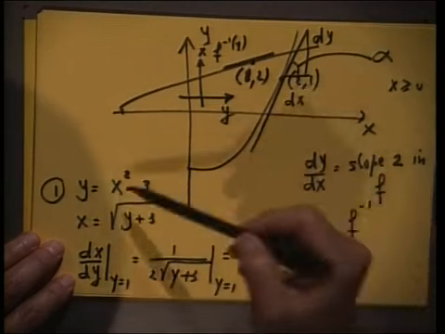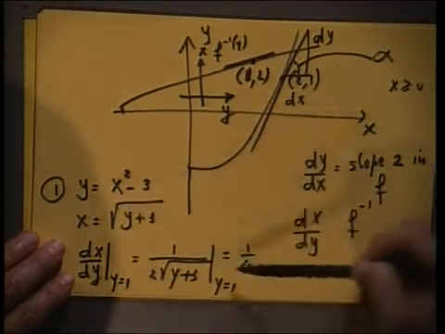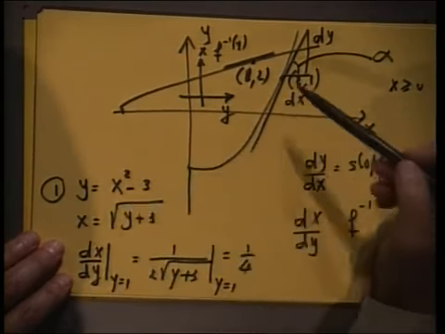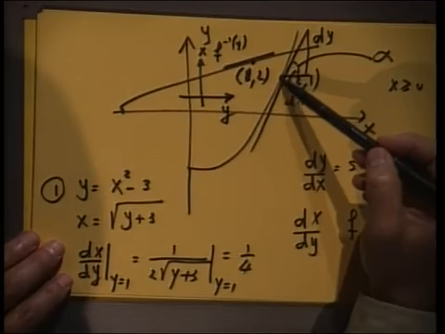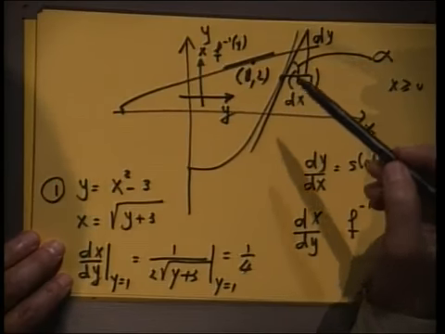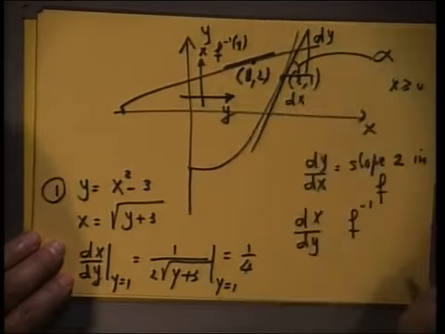At x is equal to 2, it gives 4. So in fact, one is the reciprocal of the other. In other words, if this slope is equal to 4, then the slope of the tangent of the inverse function becomes equal to 1 over 4.